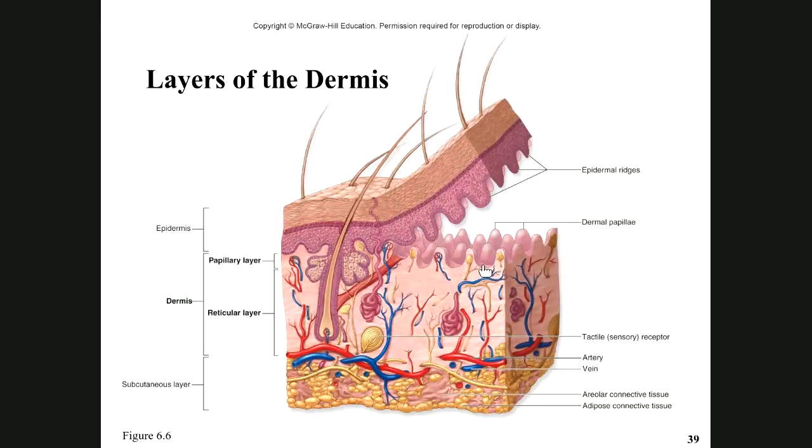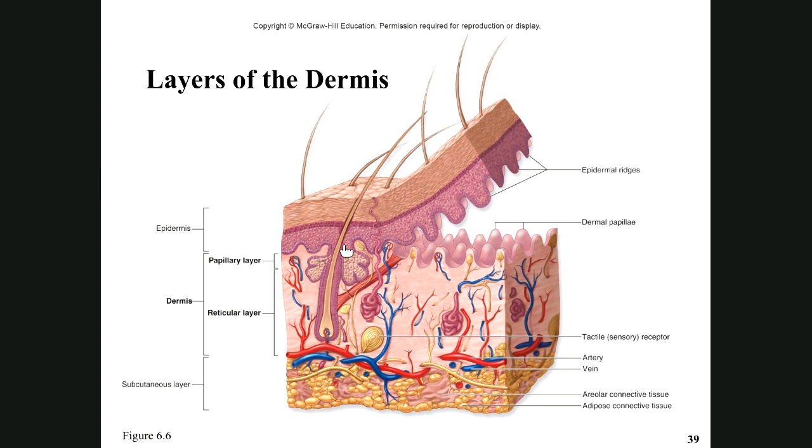We have some invaginations from our epidermis, which we call epidermal ridges. These epidermal and dermal papillae go into each other, and this interlocking and interdigitating connection increases the surface of contact, and also makes the contact very strong.